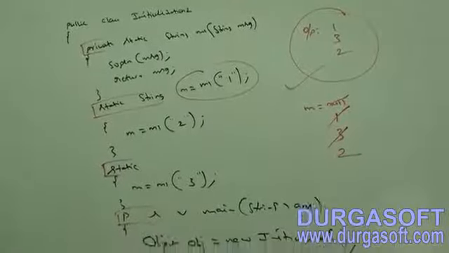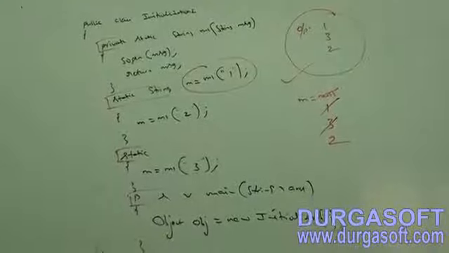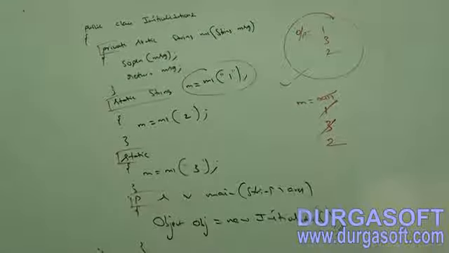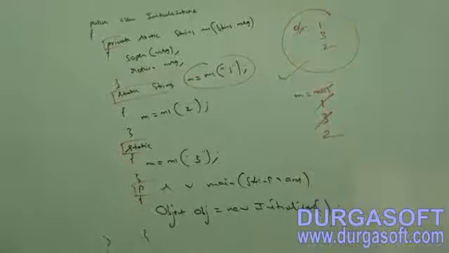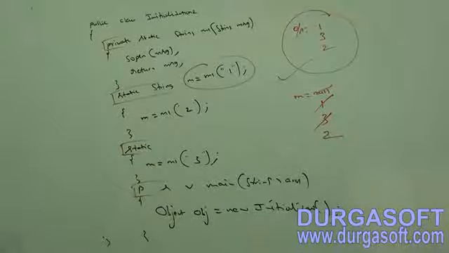And take the output 1, 3, 2. Instance control flow, static control flow. What is the order? It should be clear for you people.